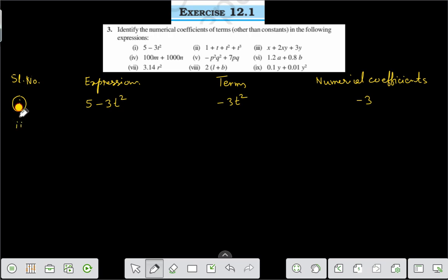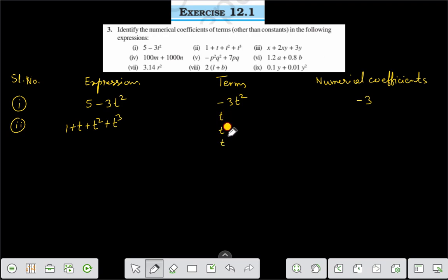Now serial number 2. The expression is 1 plus t plus t square plus t cube. The various terms are t, t square, and t cube.